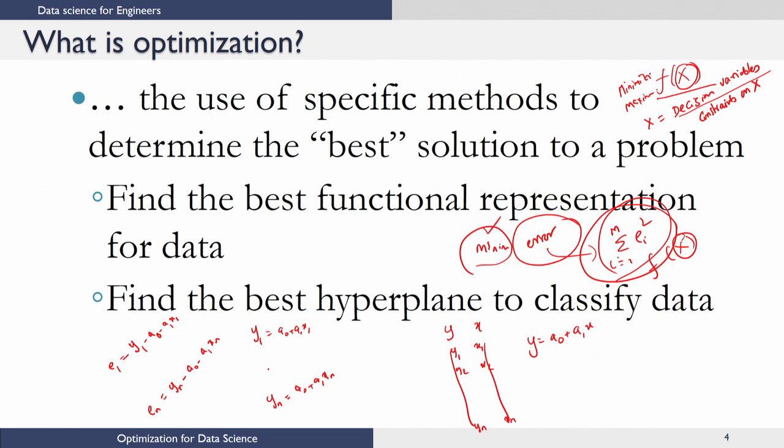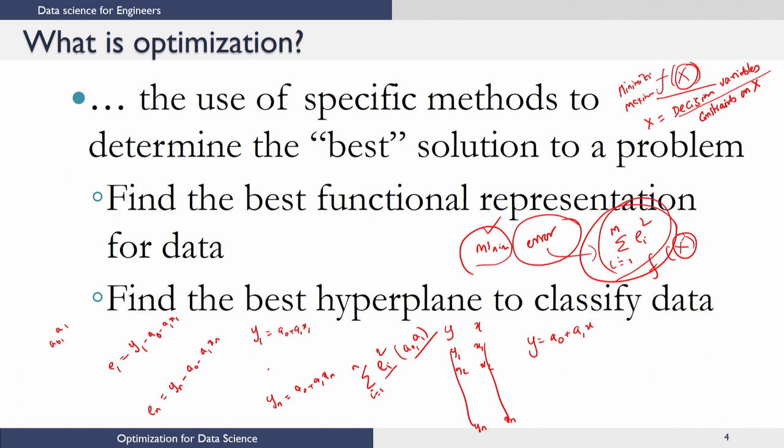And then I know that I have only 2 variables that I can identify, which are a naught and a1. However, there are n equations. So, I am going to minimize a sum of squared error, something that we talked about. Now, this error is going to be a function of the 2 parameters a naught and a1. So, these become the decision variables, and this becomes the function. And if you have no constraints on what values these variables can take, then you have an unconstrained optimization problem.